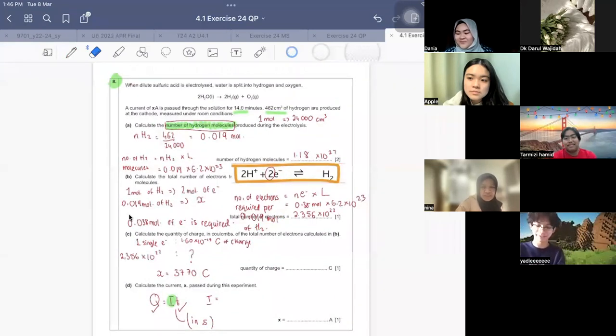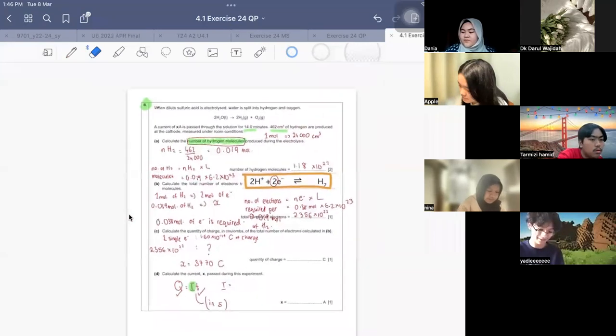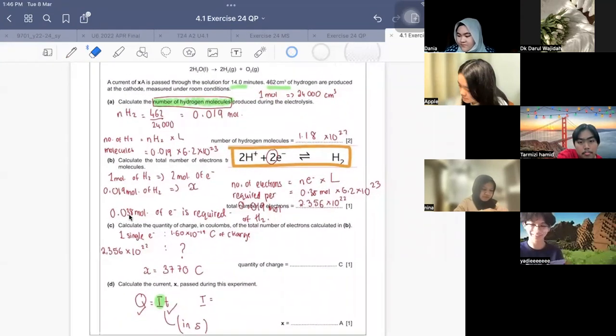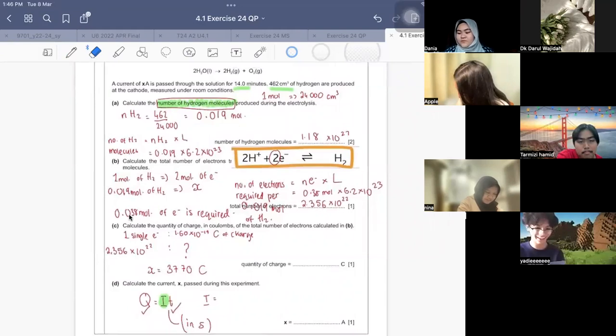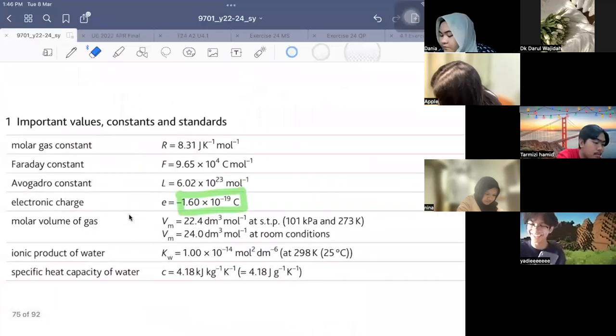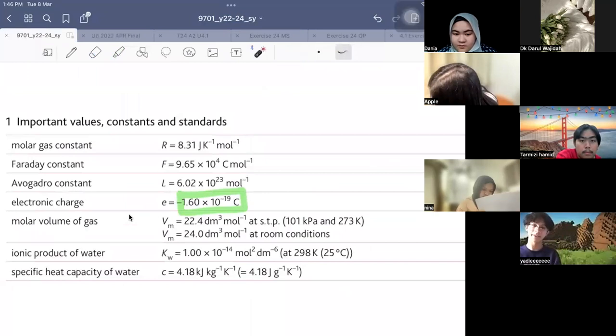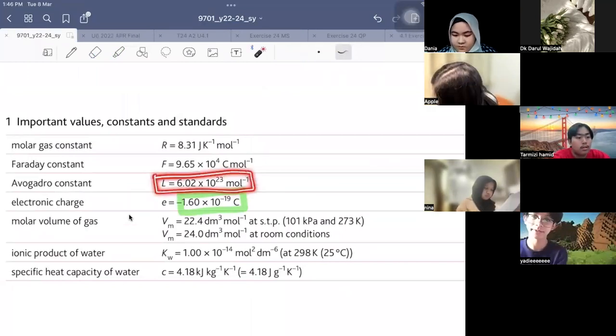I don't want to change it now, but you know that it's Avogadro's constant, okay? So I've got my Avogadro's constant wrong, but that number represents Avogadro's. Thank you for pointing it out and sorry about that. This one, Avogadro constant L, is 6.02 times 10 to the power of 23.